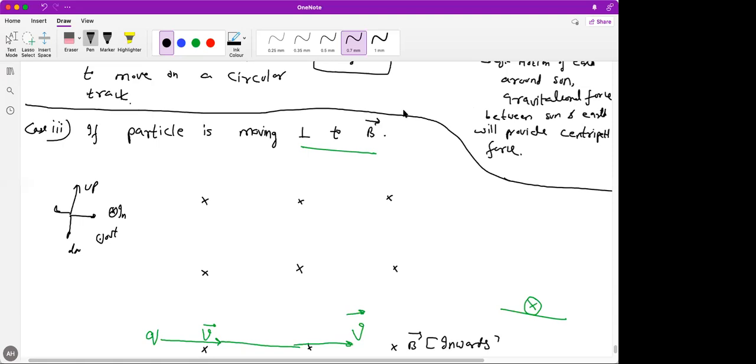A particle is moving with a velocity v to the right hand side. This is the direction of velocity, and that's the direction of magnetic field. I'm asking about the direction of force. What would be the direction of force now?